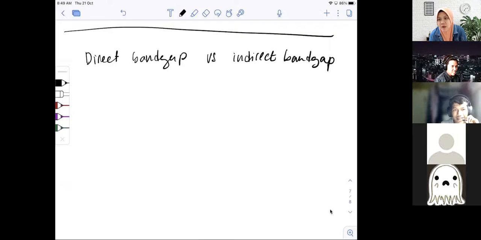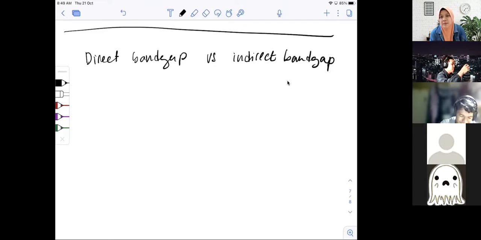So what's the significance? How does that relate to direct and indirect? Direct, electron and holes are in a straight line; indirect, electron and holes are not in a straight line. So what's the significance of that? So what if it's a straight line or not? Who cares?